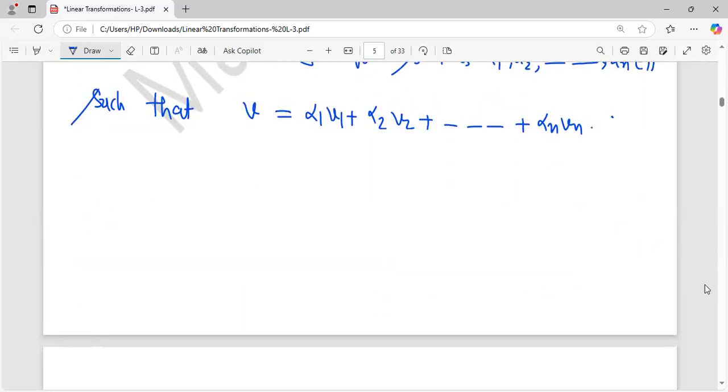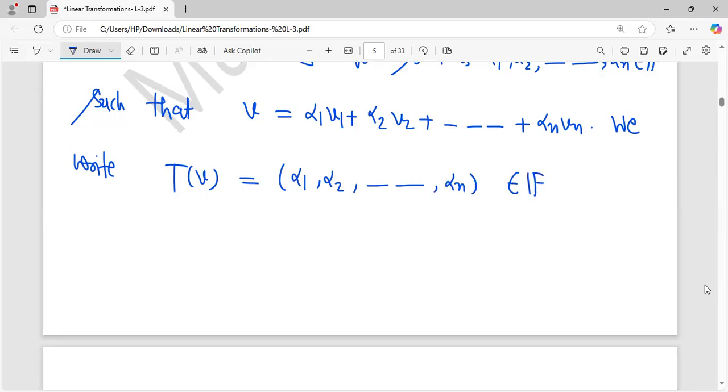We write T(v) is equal to (alpha 1, alpha 2, up to alpha n), that belongs to F^n.